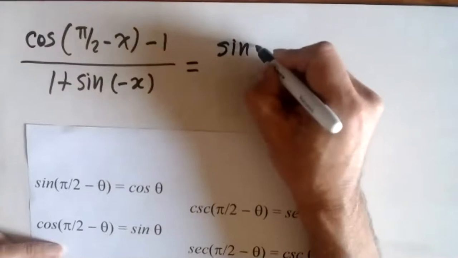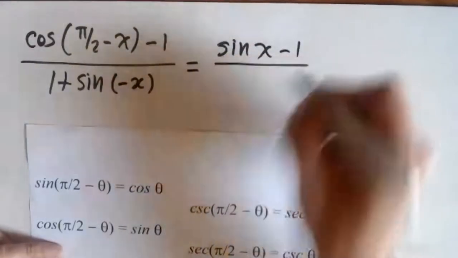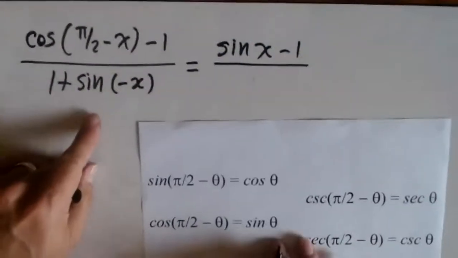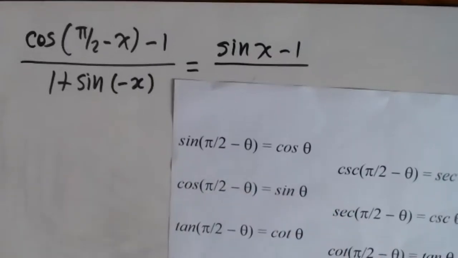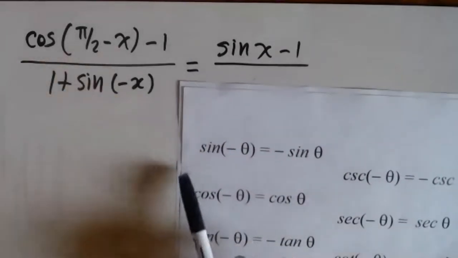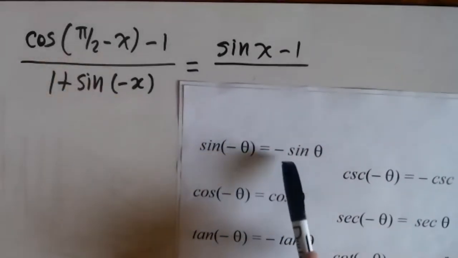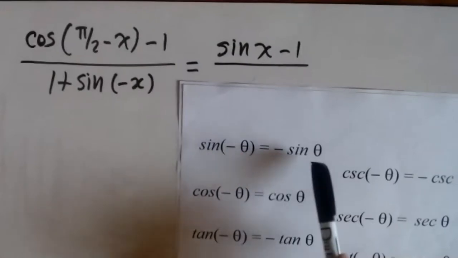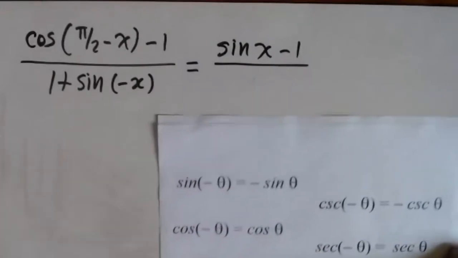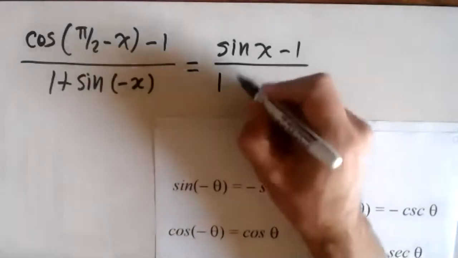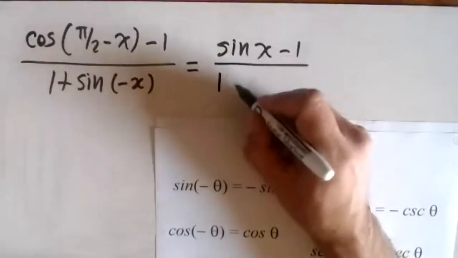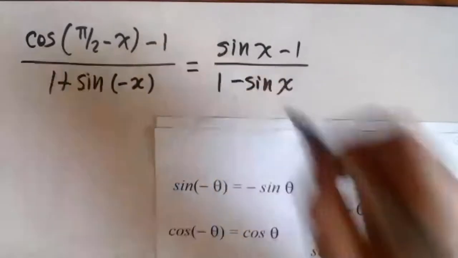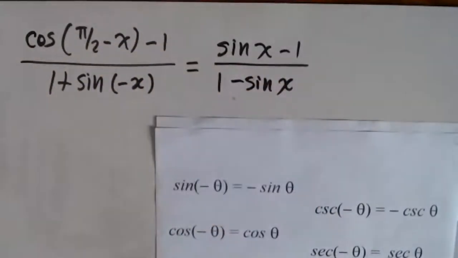Sine of x minus 1 over, and then this one, 1 minus sine of negative theta. Well, I have to go and check the other identities right here. Sine of negative theta is negative sine of theta, you see? So this is 1 plus or minus sine of x. So I change this by this.